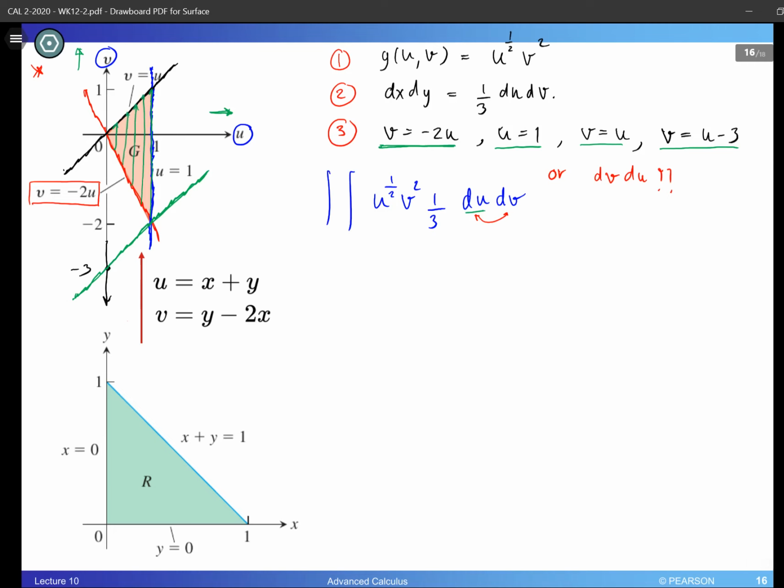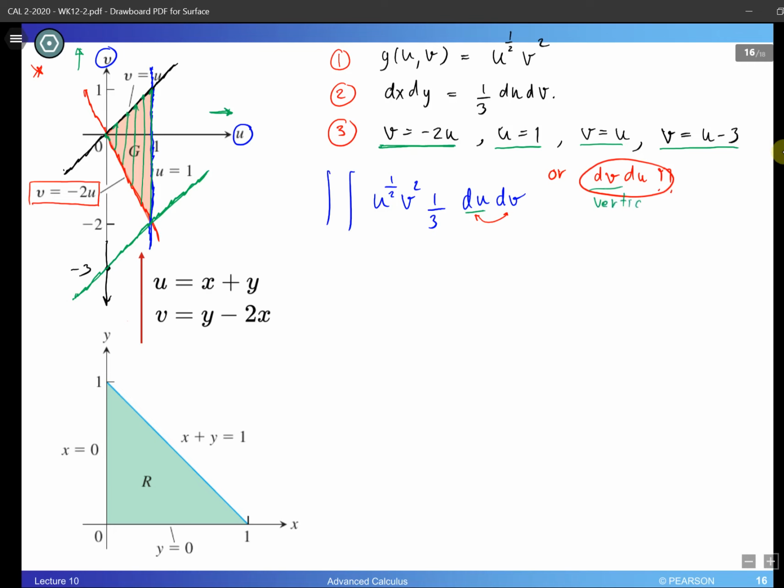Which means that we are going to assign the red line as the lower boundary for the sweeping for the v variable. Oh, by the way, from the sweeping pattern that we have right here, we decide that dv du is going to be the choice that we picked, right? Because v right here is the vertical sweeping.